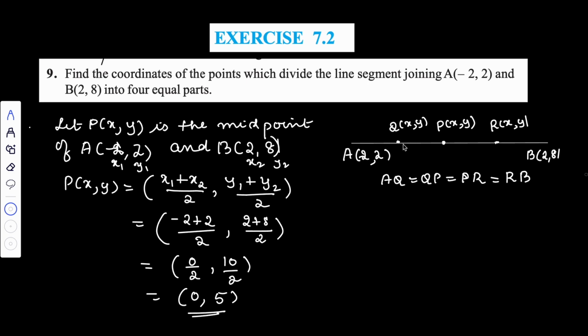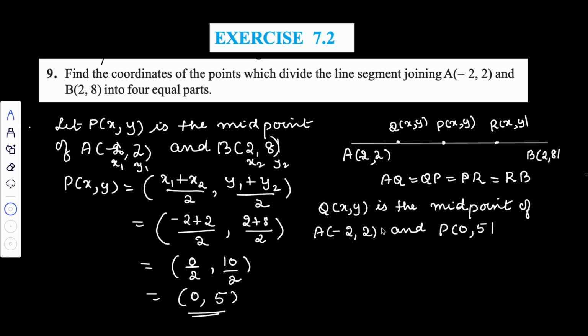Next we'll find out what is Q(x, y). Q(x, y) is the midpoint of AP. So Q(x, y) is the midpoint of A(-2, 2) and P(0, 5) which we got over here. Now this one is x1, y1, this one is x2, y2.